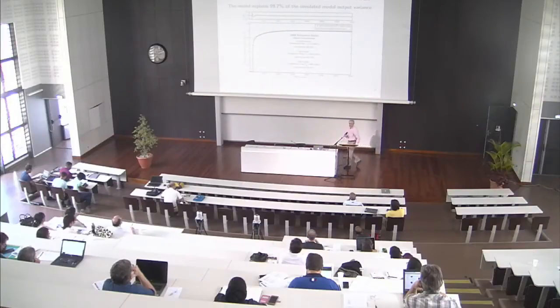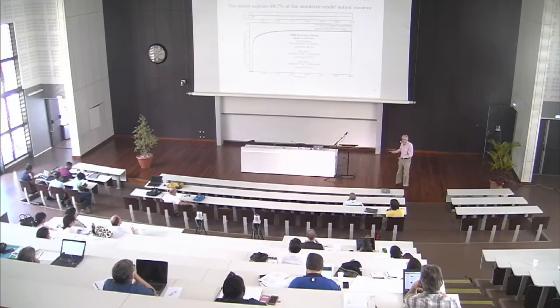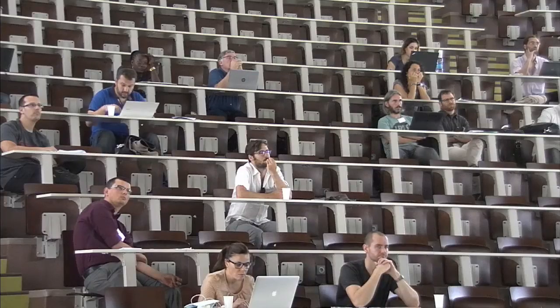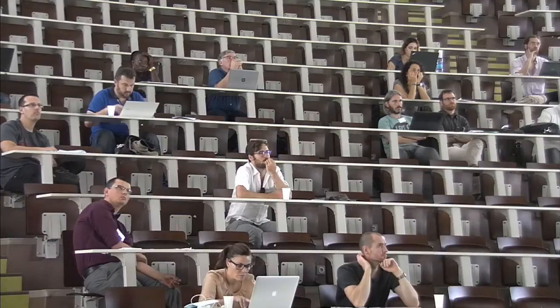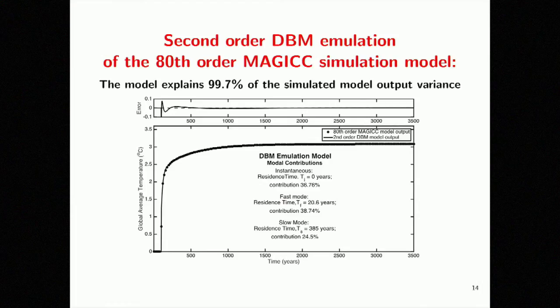So here's an experiment. Once I have the model in MATLAB, I can do experiments on it. But I put this experiment in because it shows you something visual about the nature of this system. I put a step in radiative forcing, and you can see the circle dots are the response to the step.